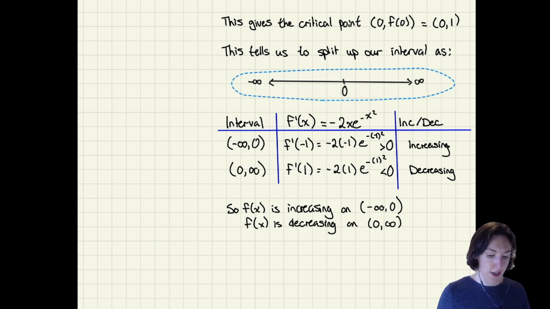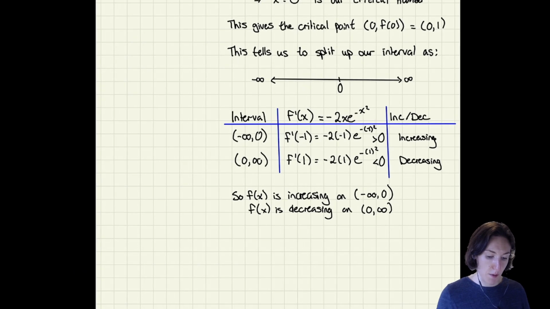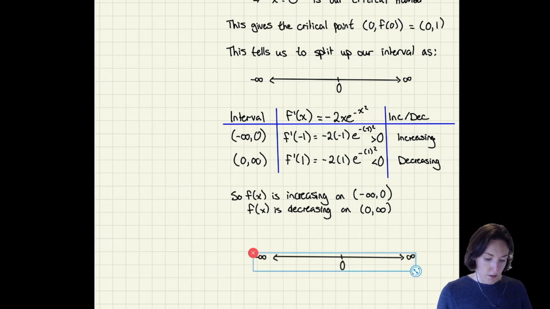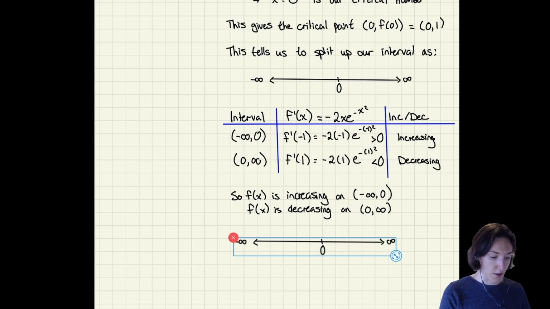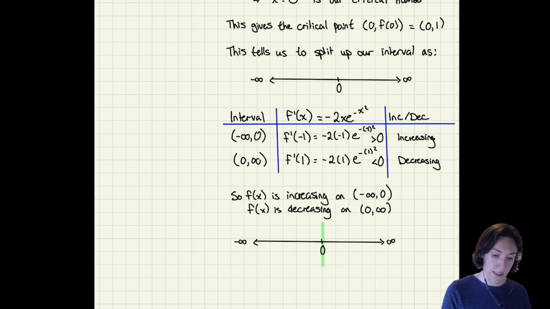Okay, and I'm going to cheat and copy and paste my number line here for a moment. Make a nice little picture for myself. When you make math more artsy, it's much more pleasant. And the first part of the interval, so from negative infinity to 0, I have that my function's going up.